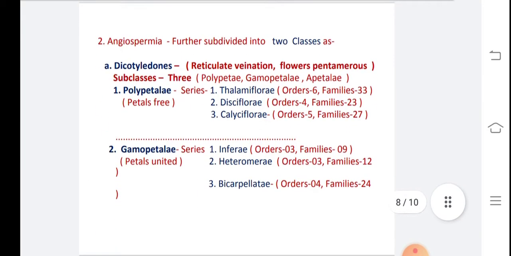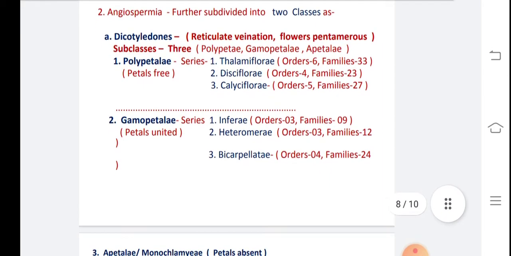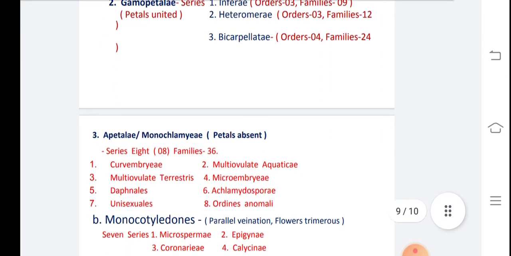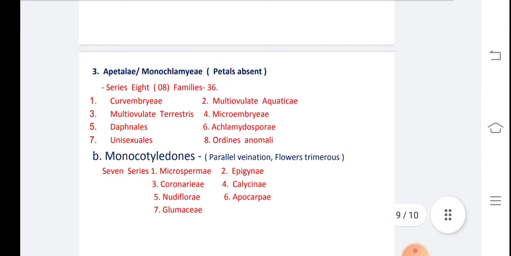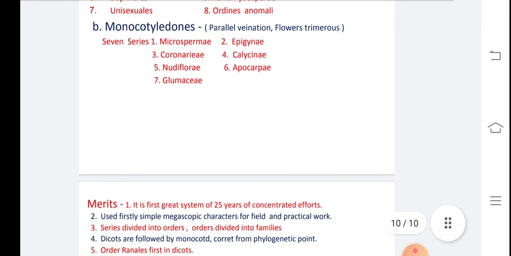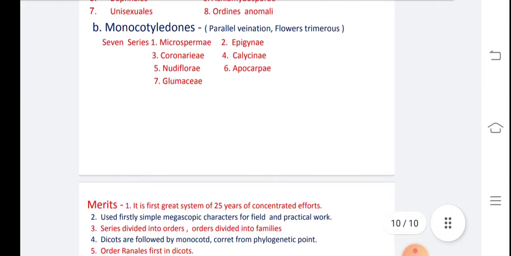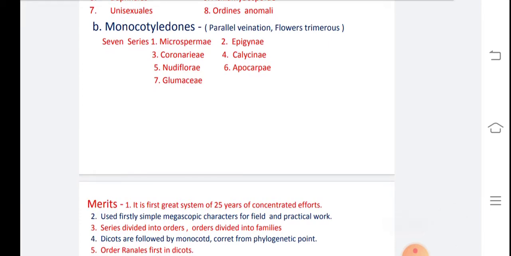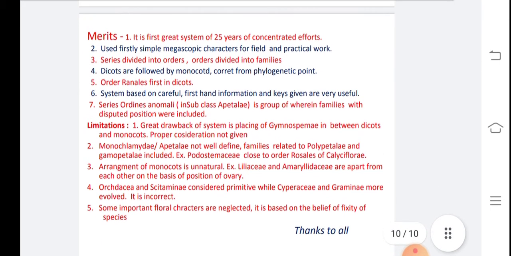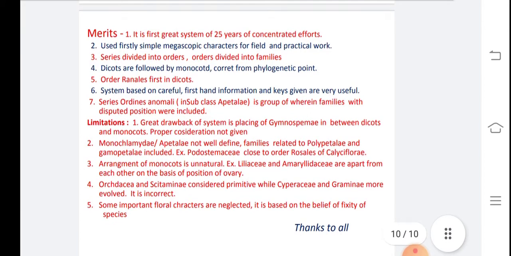Dicot is classified into 3 subclasses: Polypetalae, Gamopetalae and Apetalae, and Monocotyledons are classified into 7 series, right?